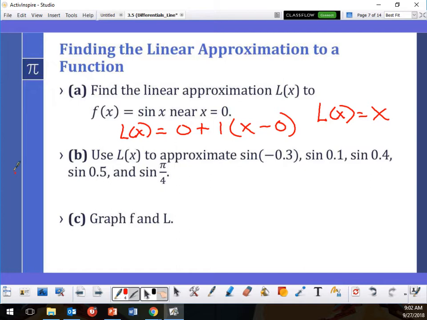Okay, so we're going to do the same thing again for these other values. You're going to use your calculator on these because these ones are going to be decimals and stuff.